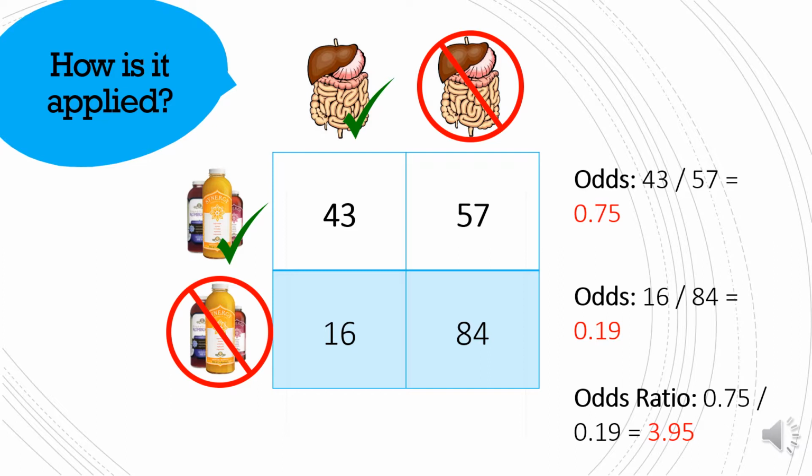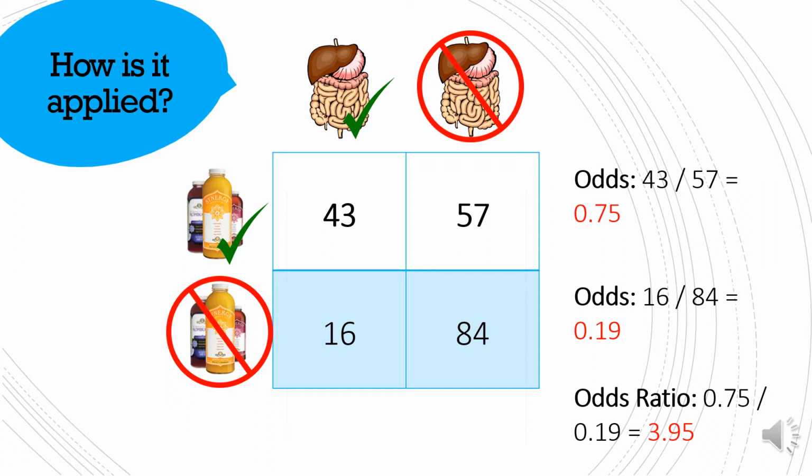To find the odds of improved gut health for each group, those with the outcome are divided by those without the outcome. So 43 divided by 57 gives an odds of 0.75, and 16 divided by 84 gives an odds of 0.19.